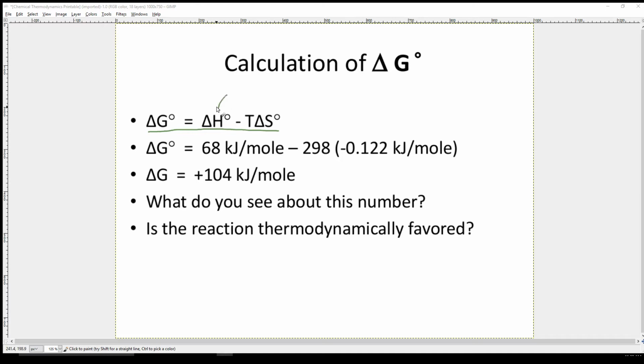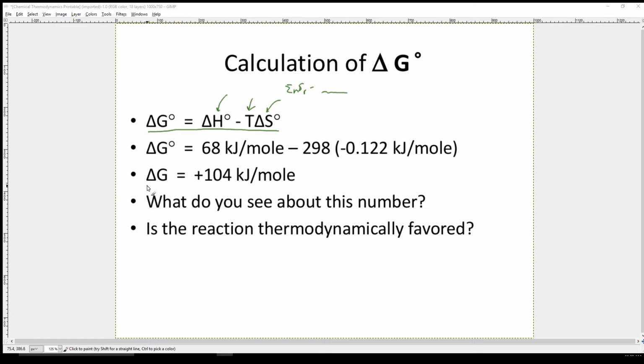You could get your enthalpy from Hess's law, long version or shortcut. You can get entropy using the equation we just used, the sum of n times S of the products, minus, and so on, like we just did in the previous slides. Whatever you do, you find those numbers, you plug in your temperature, and you get a number for your delta G. So, what do you see about this number?